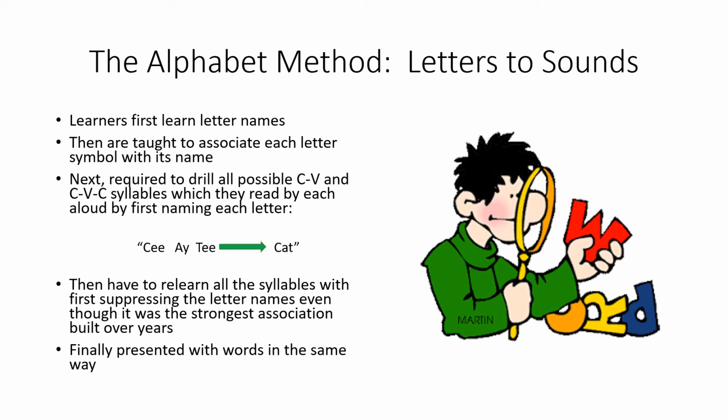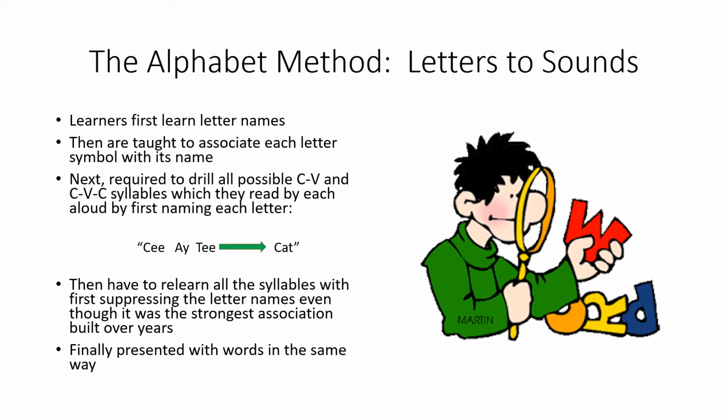Once they had mastered the letter names and associations with the symbols, they were then drilled in all of the possible consonant-vowel and consonant-vowel-consonant syllables in the language, anything that could be read.